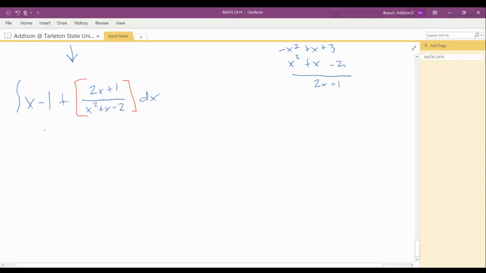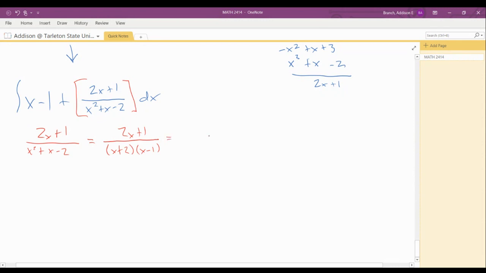So for this one, we have 2x plus 1 over x squared plus x minus 2 is equal to x plus 2 and x minus 1 in the denominator, and of course we keep our 2x plus 1.